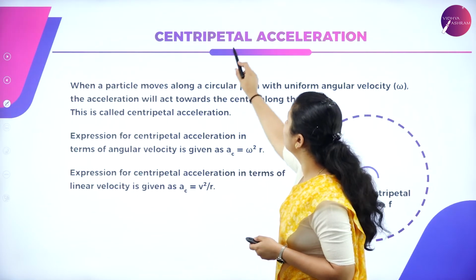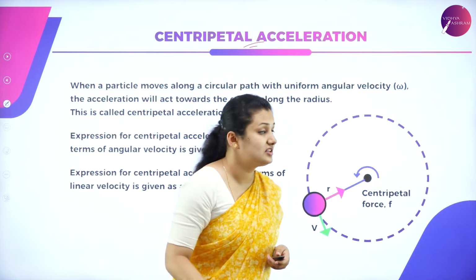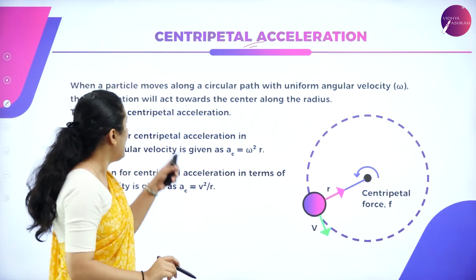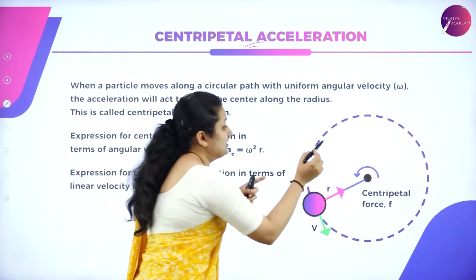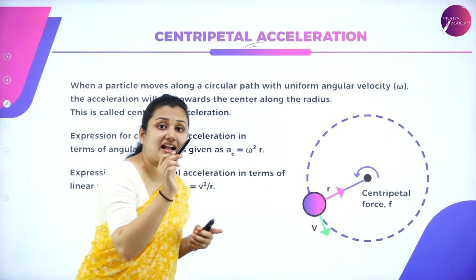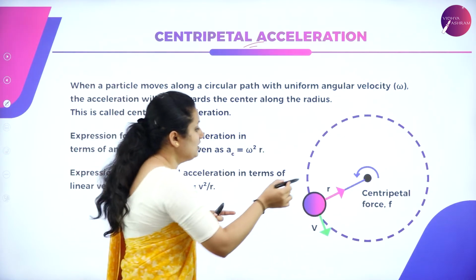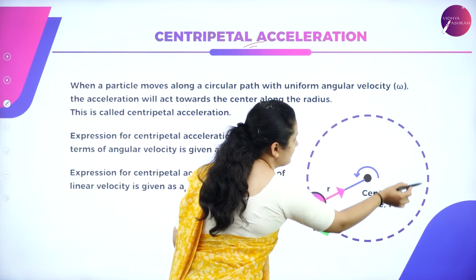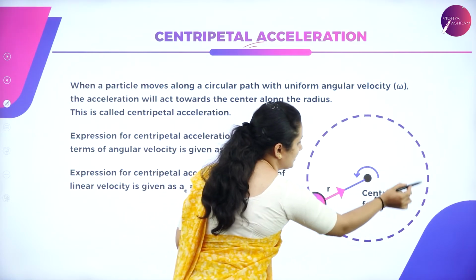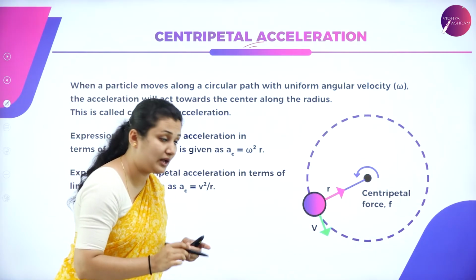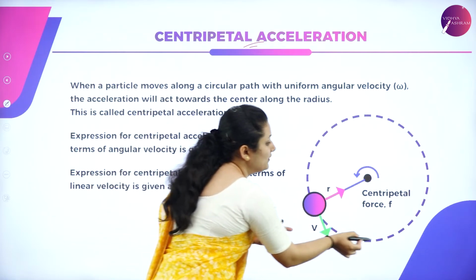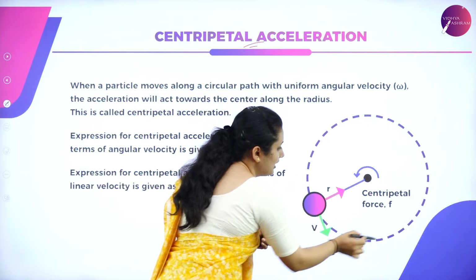Next, you have centripetal acceleration. I have already explained it. This is the center of the circle, the axis of rotation of the body. So the object, you can see, is moving in a circular path with uniform angular velocity omega. It is moving in uniform circular motion.